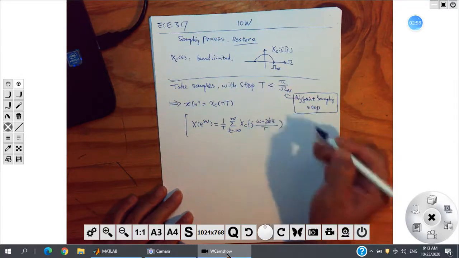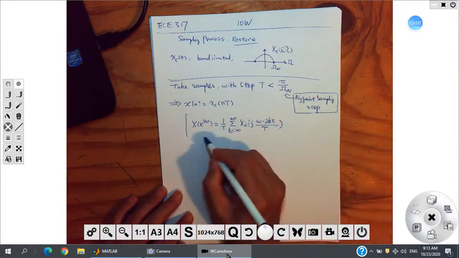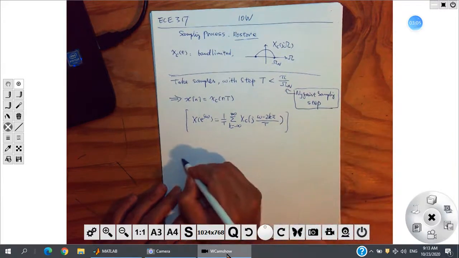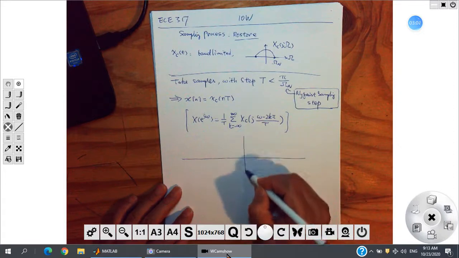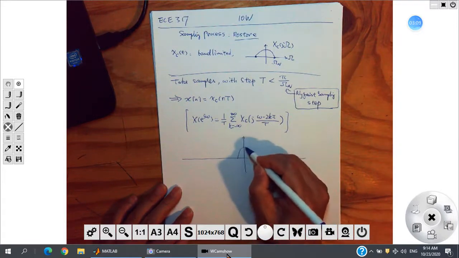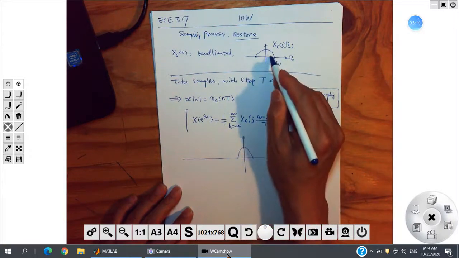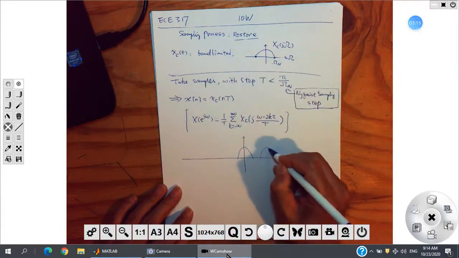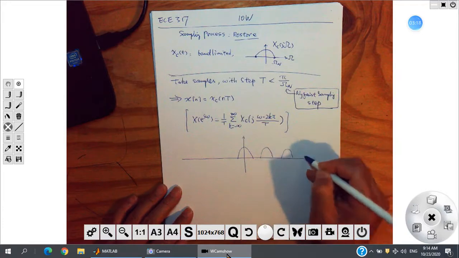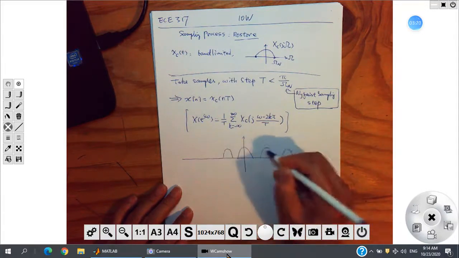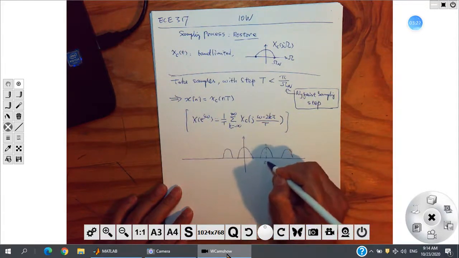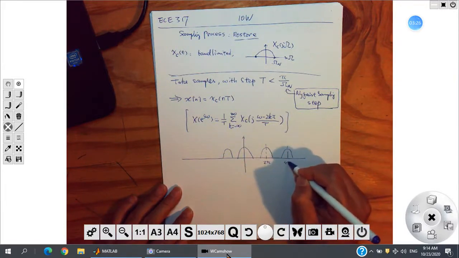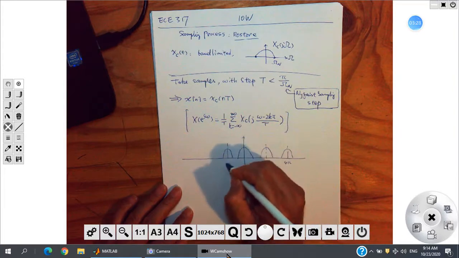So in the frequency domain the formula will look like this, and we can see it in a graph. It will be something similar to this, but you need to change the scale. Every 2 pi, we have a copy. It's negative 2 pi, right?